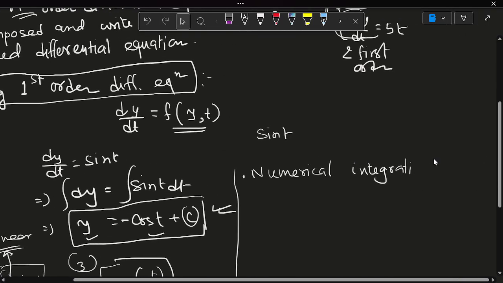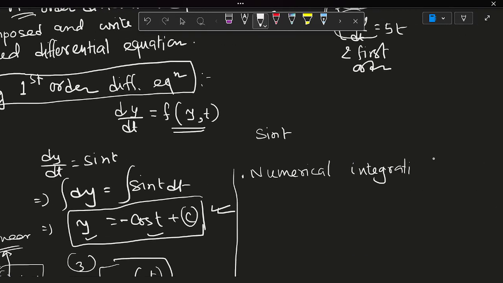There are various types of numerical integration methods available. For example, first we will learn about the simple one, which is the Euler method.